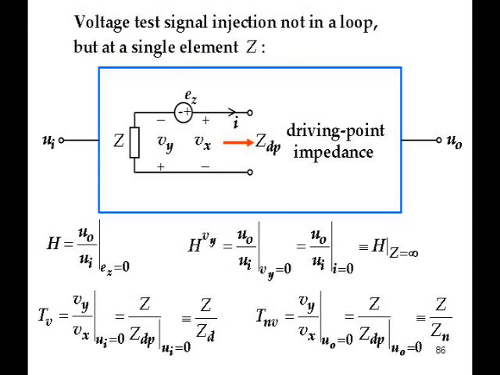H, if you null Vy, that's a null double injection calculation. You adjust the EZ in the presence of the UI to null Vy. And if you null Vy, that means there is no current in Z. But the current in Z is the same as the current I that's going into the rest of the circuit. So nulled Vy is equivalent to nulling I. Nulling I is equivalent to the element Z not being there.